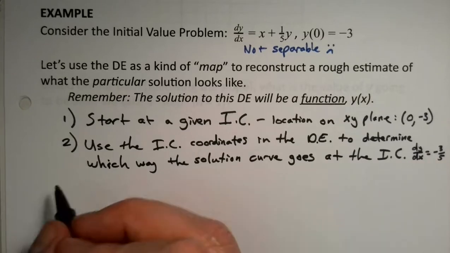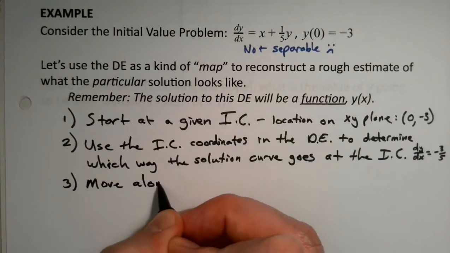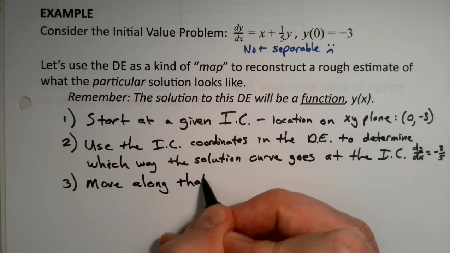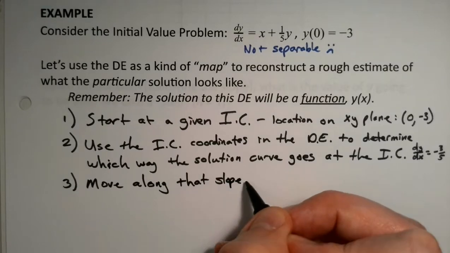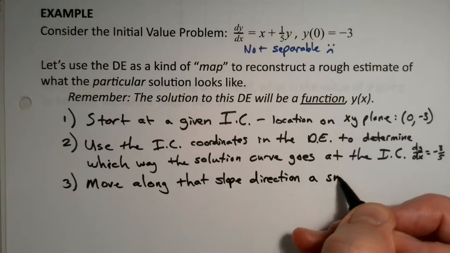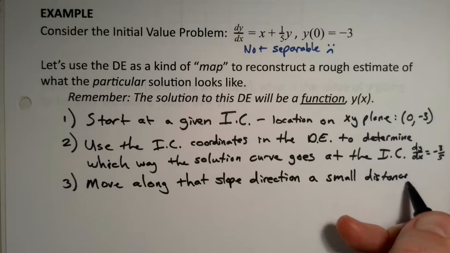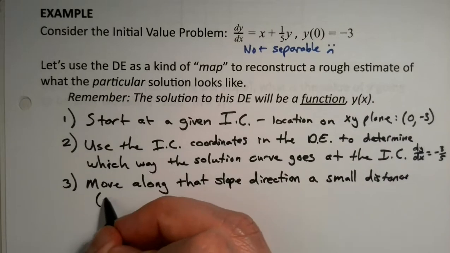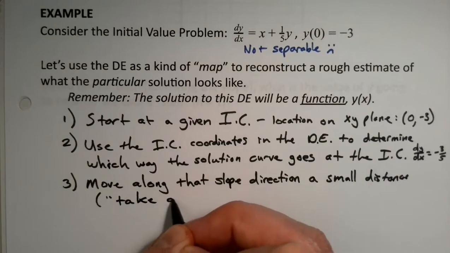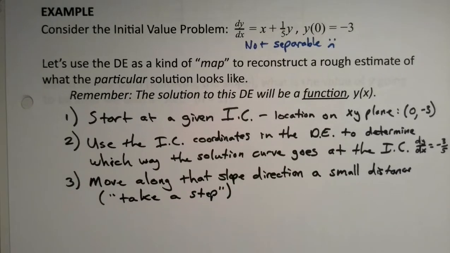Step 3 says, okay, now move along that slope direction a small distance. That means this is going to be our take a step, right?